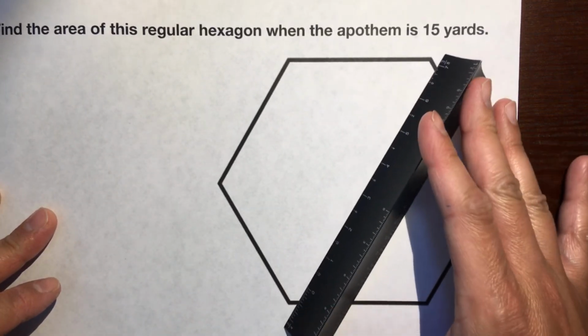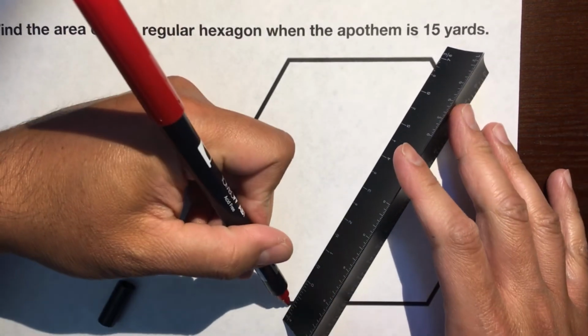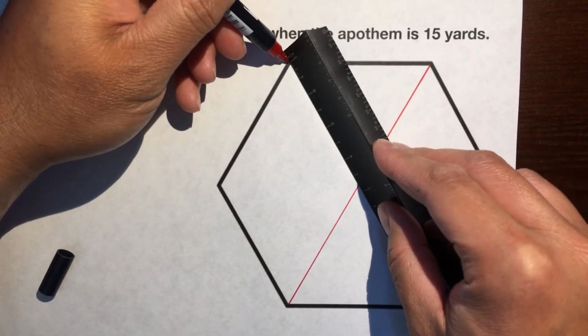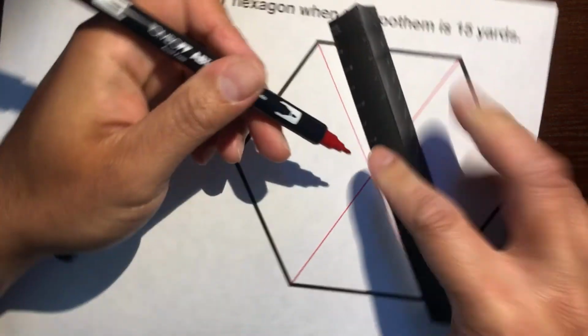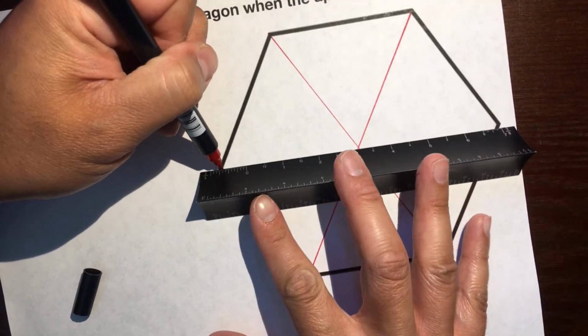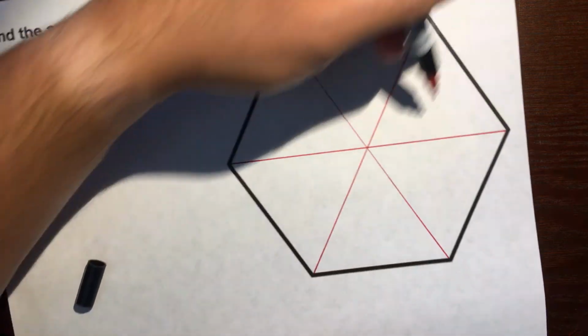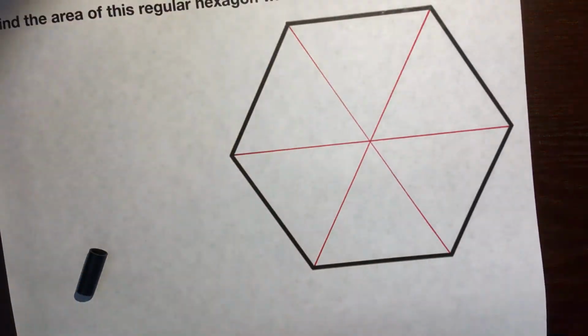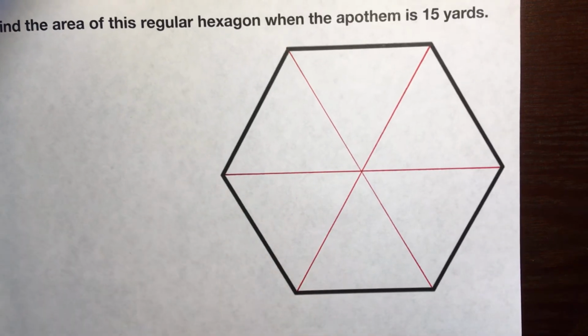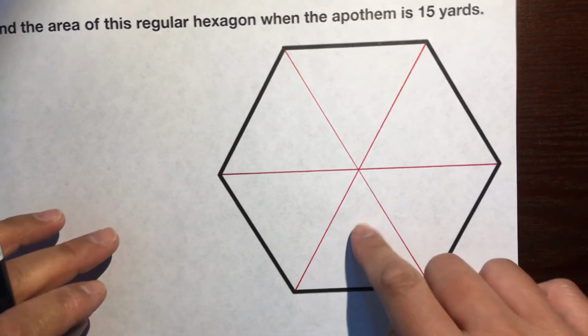So let's draw our lines that split this hexagon into 6 pieces. Okay, and all 1, 2, 3, 4, 5, 6 radii meet in the center. Now, apothem is just another word for height of one of these triangles.